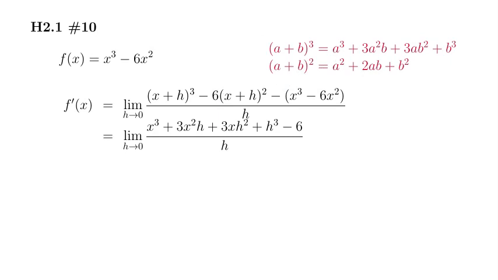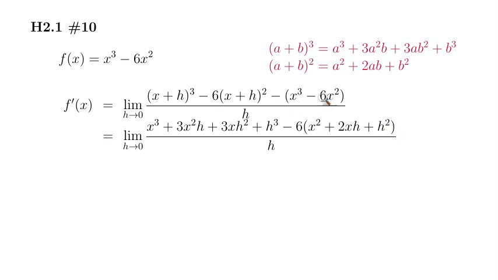We're going to have x squared, plus 2xh, and then plus h squared. If you multiply out, you're going to get those three terms.